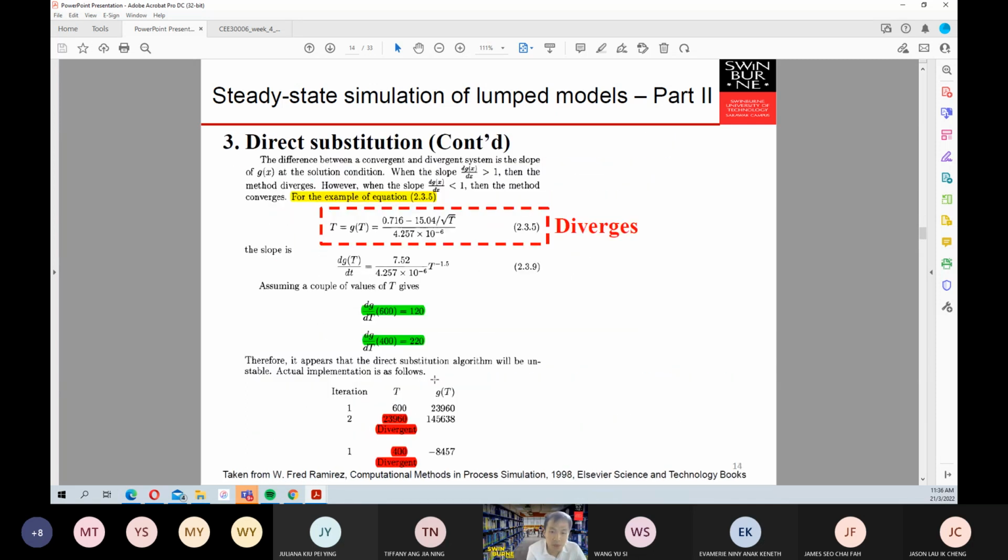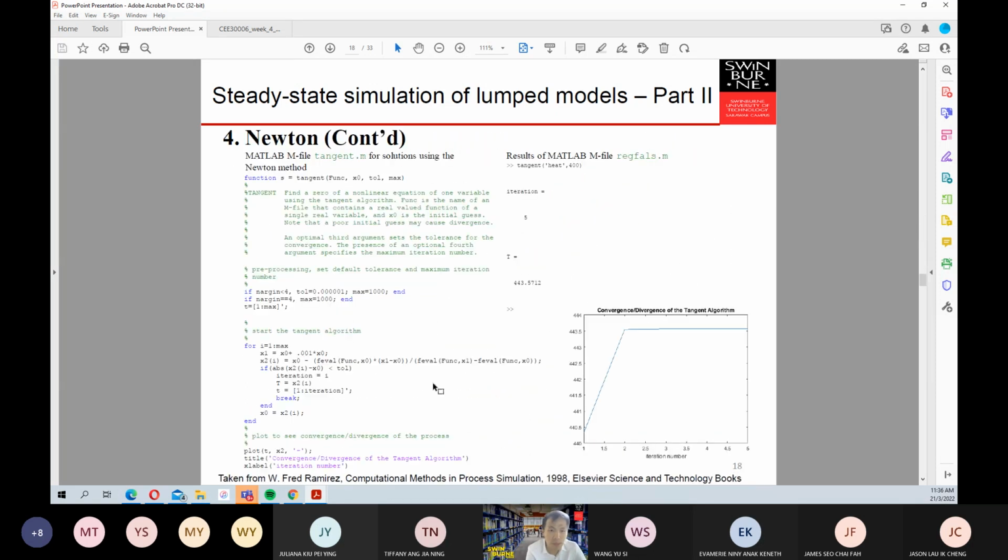In here, if the tolerance, defined by the difference between the new value and the old value, is less than the tolerance, then it will break after recording the value of x2. Okay, and then we also set the value of x0 equal to x2i.